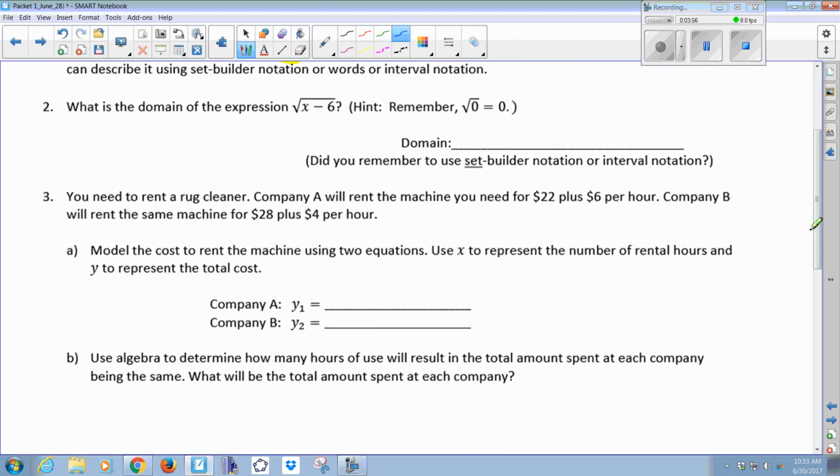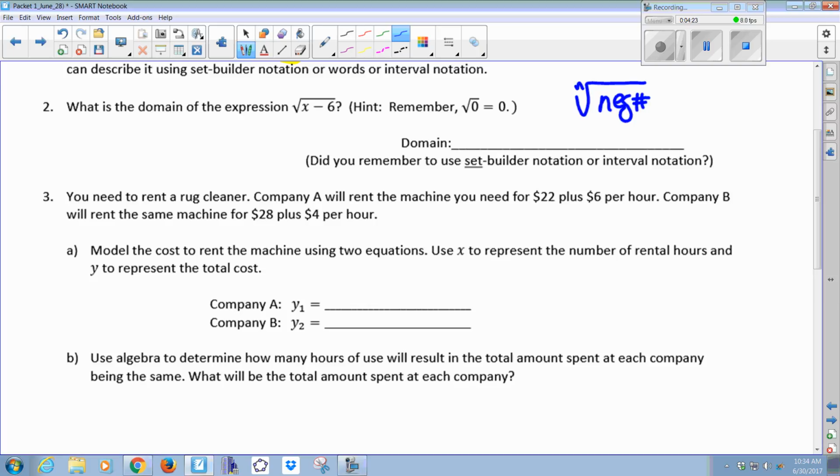There's one other way that we could get into trouble here when we're looking at domains, and that's if we're taking an even root of an algebraic expression. In this case, we're looking at a square root, because there's something we know that gets us into trouble here. That means we cannot define it, and that's if we have a negative number underneath an even root.